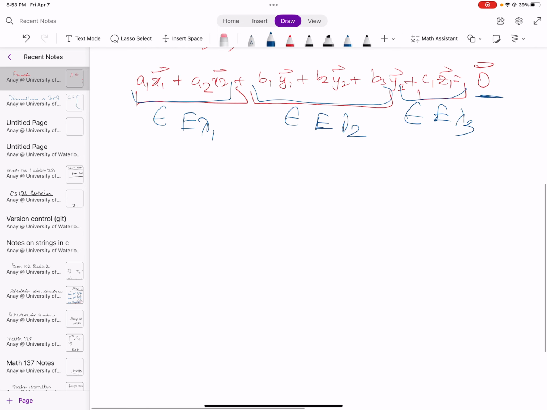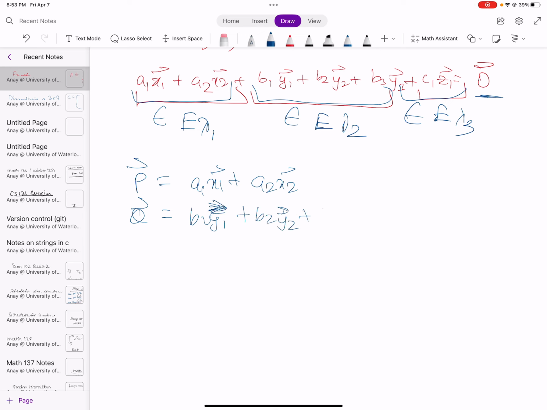So let's say we assume a vector p equals a1 x1 plus a2 x2, vector q equals b1 y1 plus b2 y2 plus b3 y3, and vector r equals c1 z1.